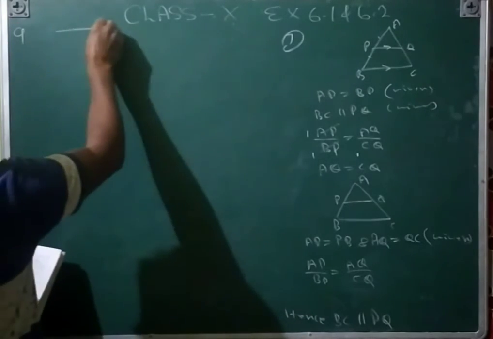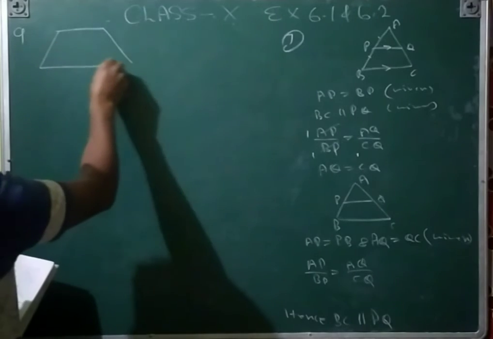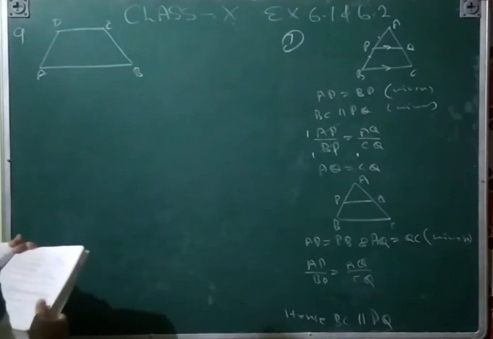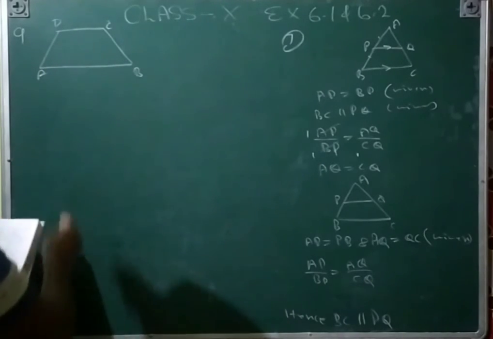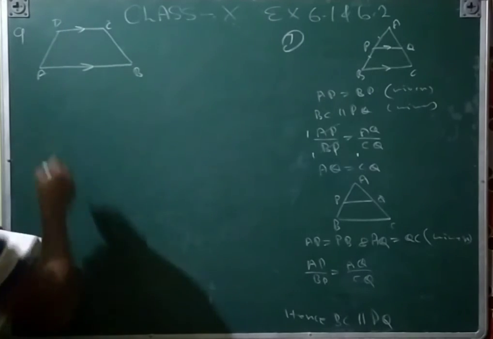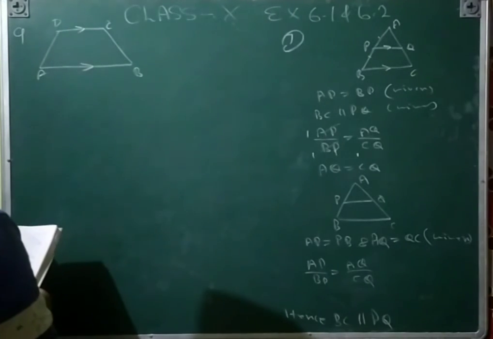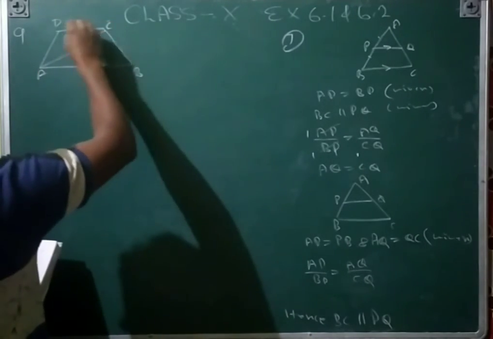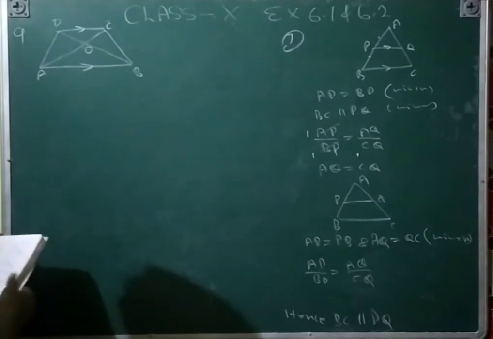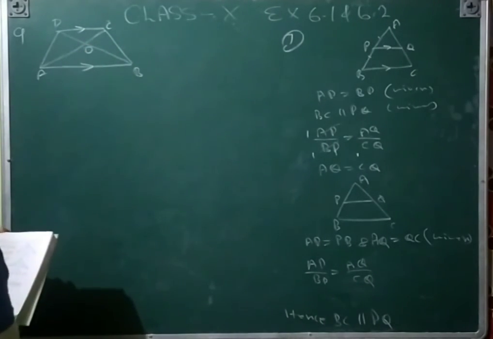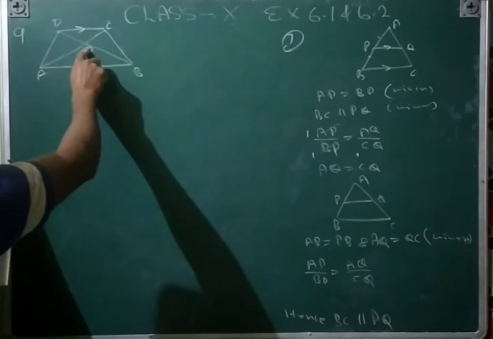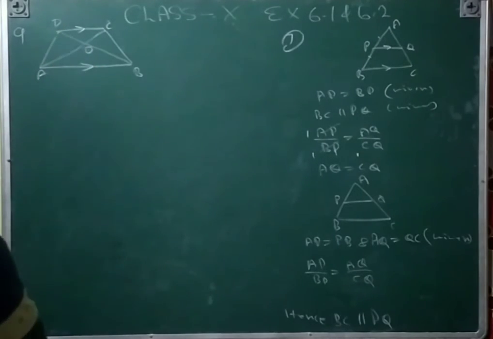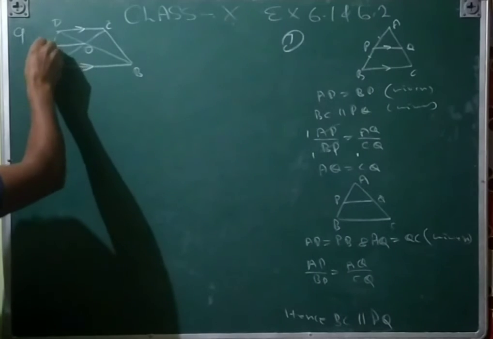So first of all, we will draw the trapezium A, B, C, D. ABCD is a trapezium in which AB parallel DC, and its diagonals intersect at O point, so that AO upon BO is equal to CO upon DO. So first of all, we will construct here, suppose like P.